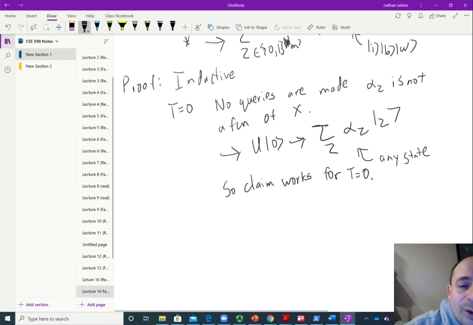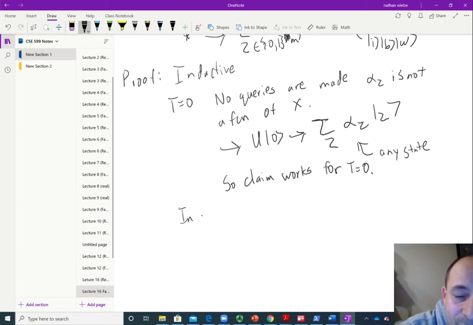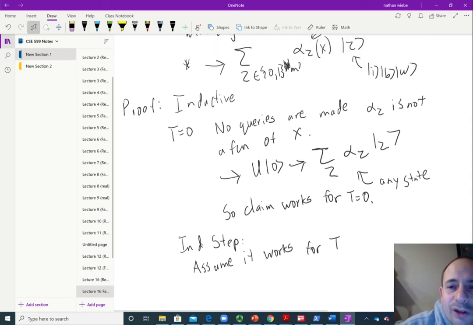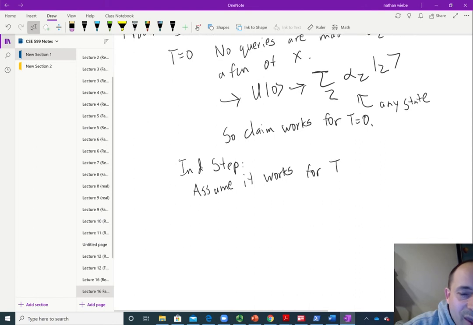Now let's go forward to our induction step. What we're going to do is say, well, let's assume it works for capital T. Now the question is, how does the polynomial end up scaling?